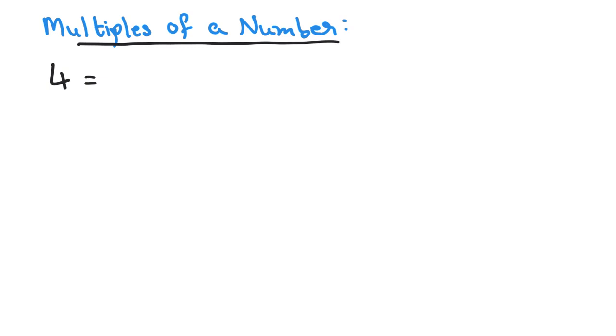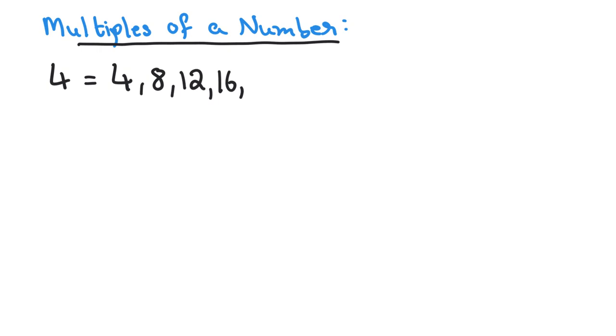For example, 4 times 1, 4. So 4 is a multiple of 4. 4 times 2, 8. So 8 is a multiple of 4. 4 times 3, 12. So 12 is a multiple of 4. Are you getting it? 4 times 4, 16. So 16 is a multiple of 4.